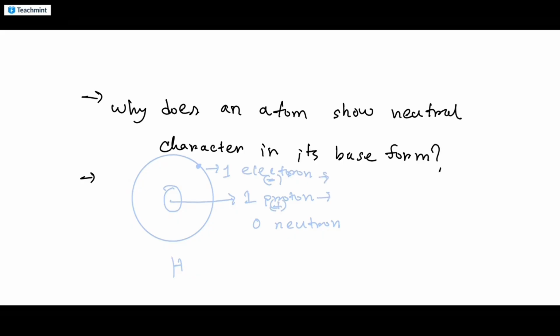So in an atom, the number of electrons is equal to the number of protons, obviously in its base form, not in cation or anion. That's why positive charge and negative charge neutralize each other, and thus an atom is always neutral.